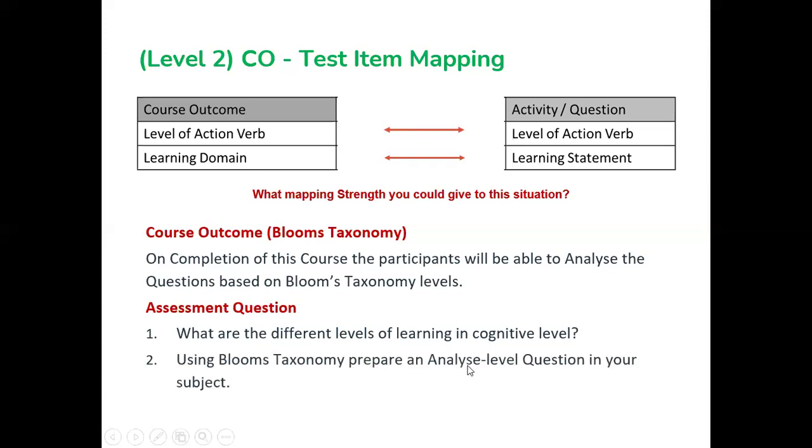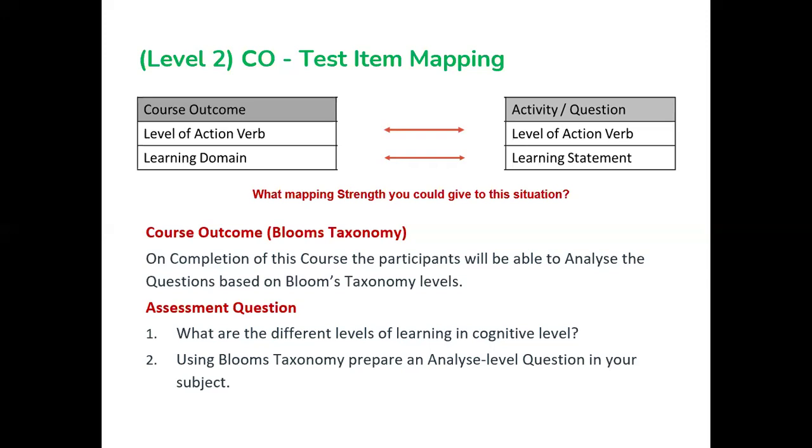That's correct. Then the same question, using Bloom's taxonomy, prepare an analyze level question. That is a level 3 question, and my CO is level 4. The question is 1 level less. So what? Level 2. Yeah, here you can give 2. Otherwise, you can use a formula like the level of the question divided by level of CO into 100.